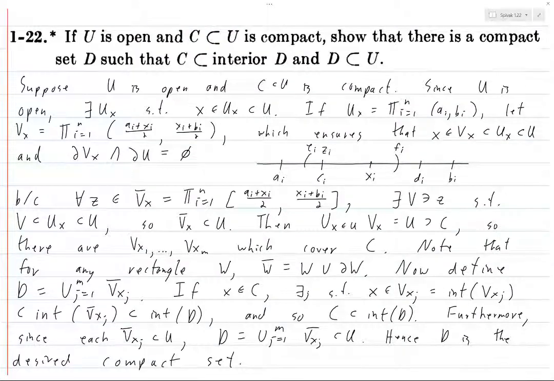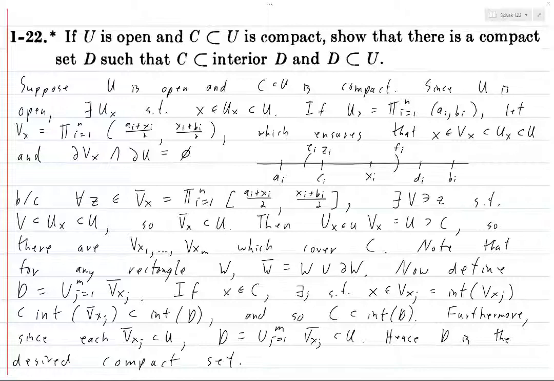So let's prove that D is compact. D is a finite union of rectangles. We actually proved this when we proved that compact implies closed and bounded. When we proved that compact sets are bounded, we took a finite cover of this compact set and showed that the union of a whole bunch of finite boxes can itself be contained in a box.